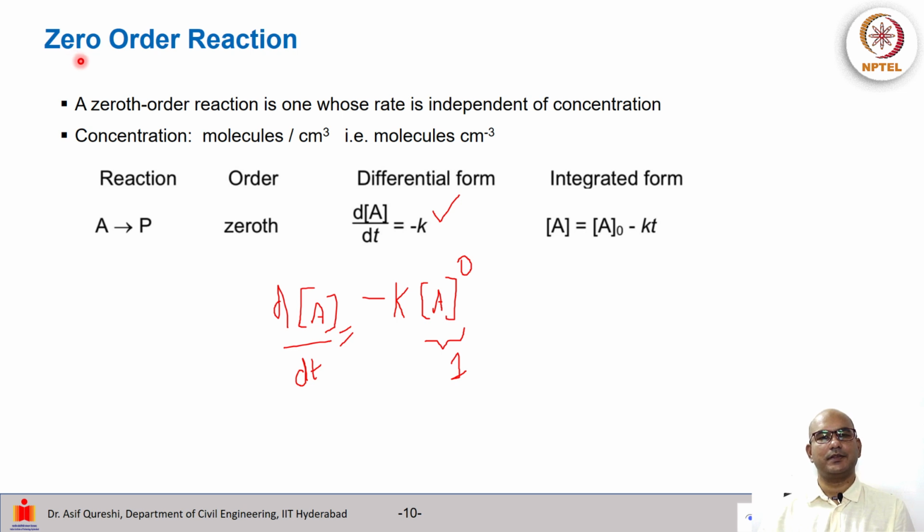So, the take home is in 0 order reaction, the rate of change of concentration, which is the rate of reaction, is independent of the concentration of the reactant itself. It is a constant rate.